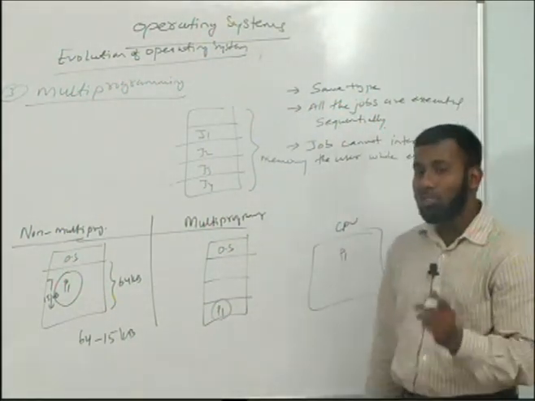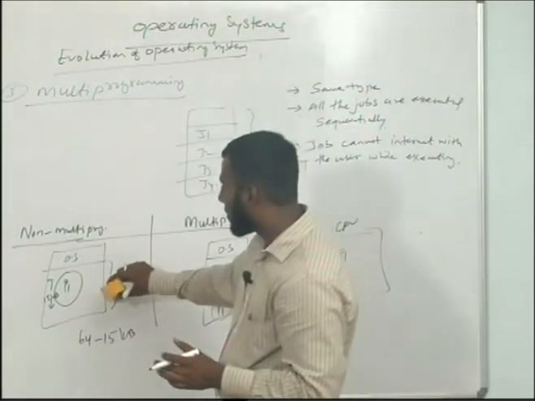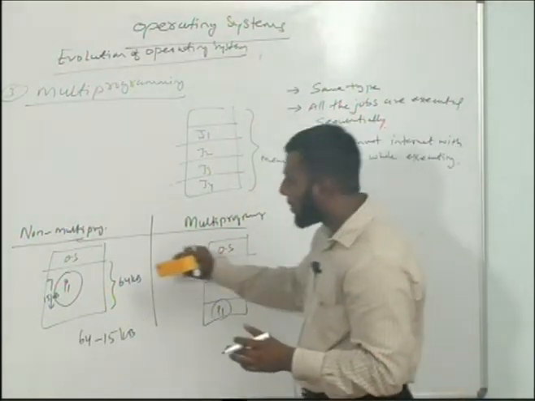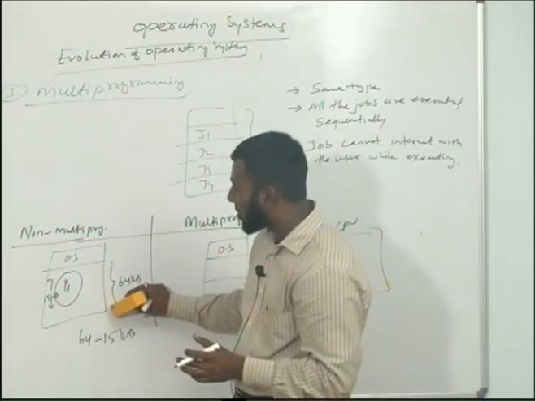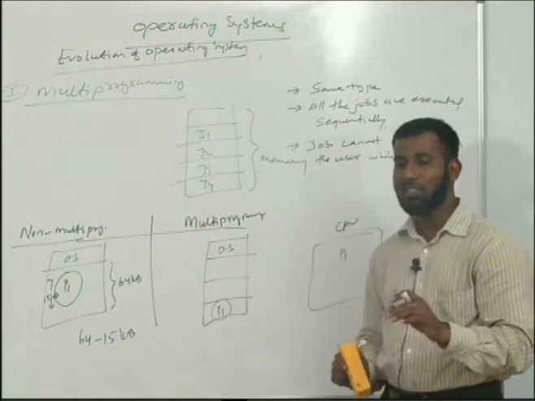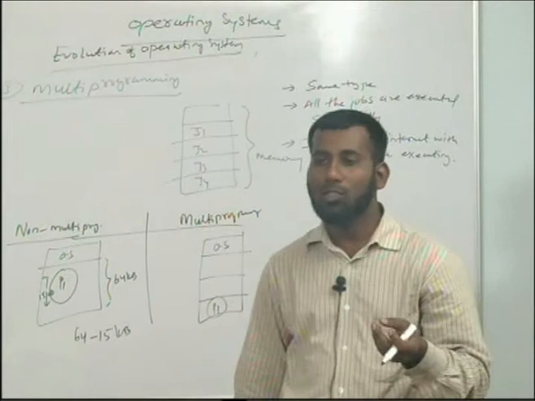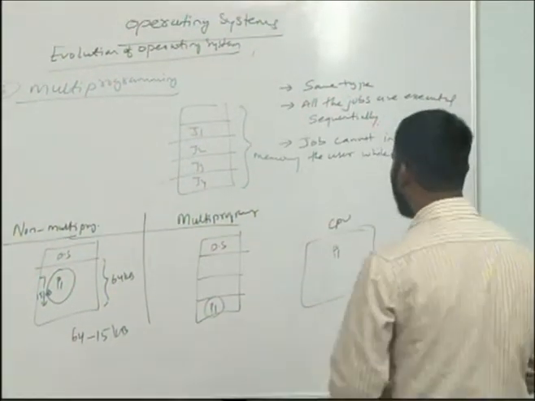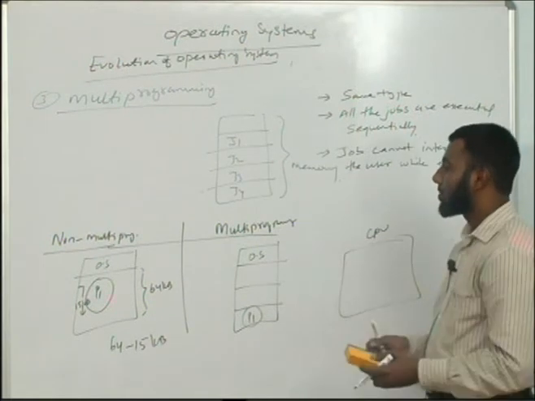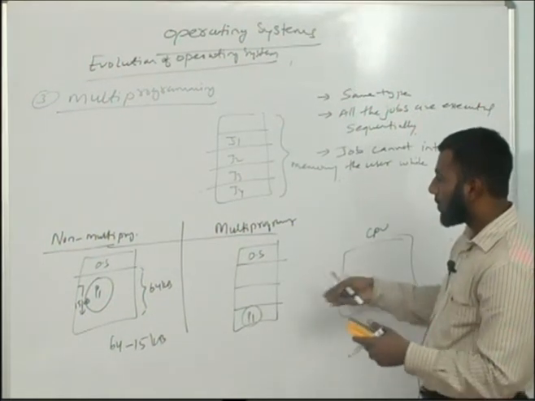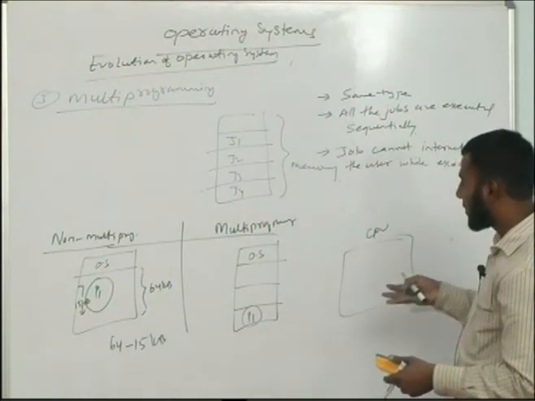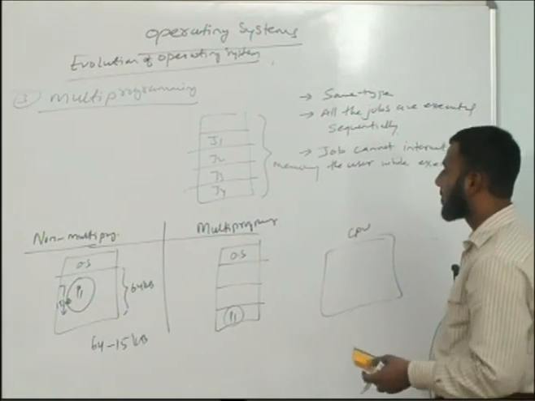It means the idle time which was there in non-multi-programming, we are successful in utilizing, and we are also utilizing the memory. So we are efficiently and effectively utilizing both CPU and memory. The idle time is relatively lesser than in non-multi-programming, so we are successful in keeping the CPU busier in multi-programming.